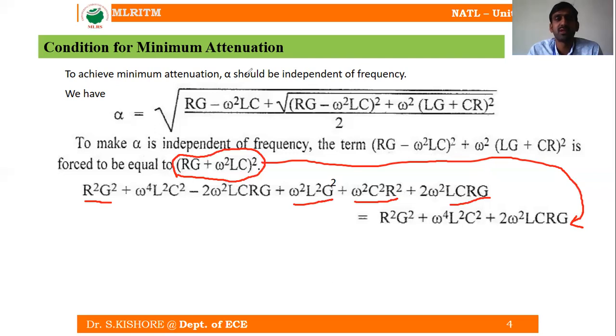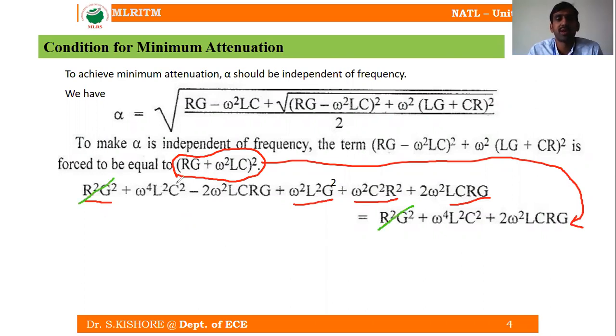From here onwards it is just a simplification. We are making this term independent of frequency, so we are simplifying. If you observe this closely, on the left hand side R square G square is there, and on the right hand side R square G square is there.